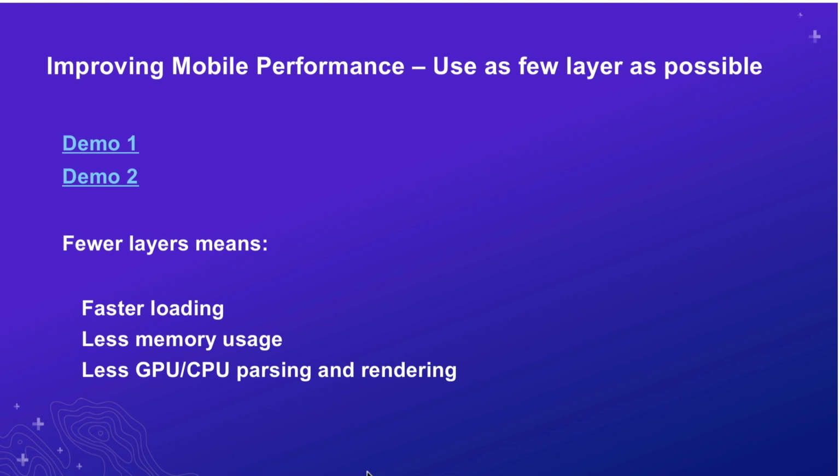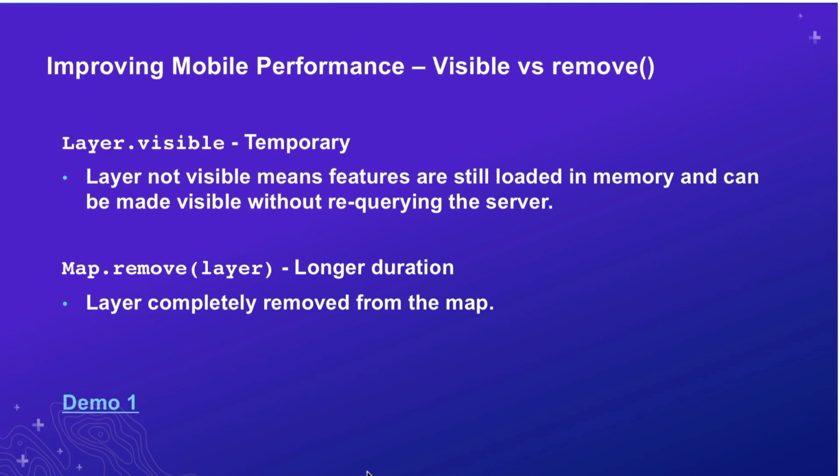But if you have dozens and dozens of megabytes worth of data that you're pulling across the wire, across multiple layers, that's going to affect the loading performance. It's going to affect the end user's performance, and it's going to put a greater load on the GPU and the CPU to parse and render all of that information.